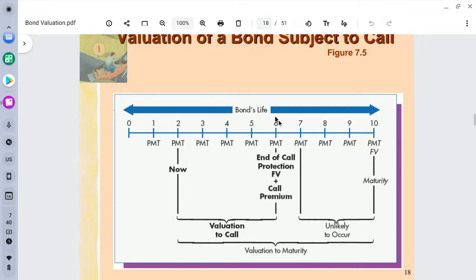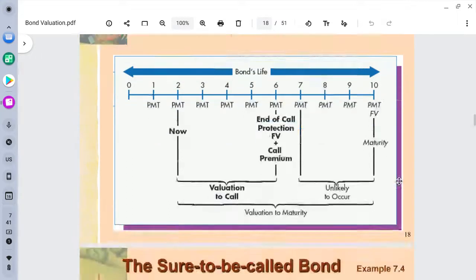So this will be 1.1K, discounted 4 years back, because the call premium is added to the face value. And if it is not a callable bond, of course, in the normal valuation you use the full 8-year timeline. The closer we get to maturity, the more unlikely it is to get called.